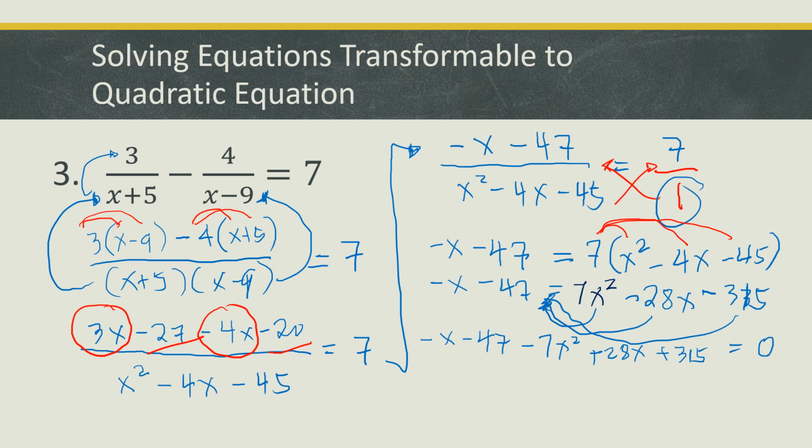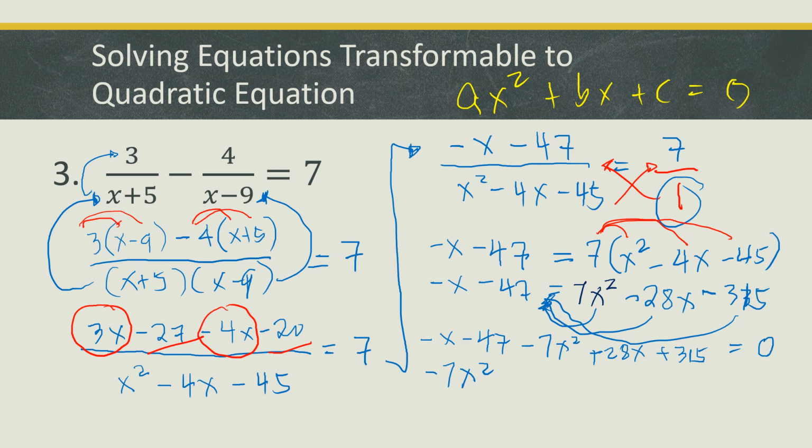So we have now to combine like terms and arrange it using our standard form of ax squared plus bx plus c is equal to 0. So let's first use the highest exponent, negative 7x squared, because it does not have its like term.